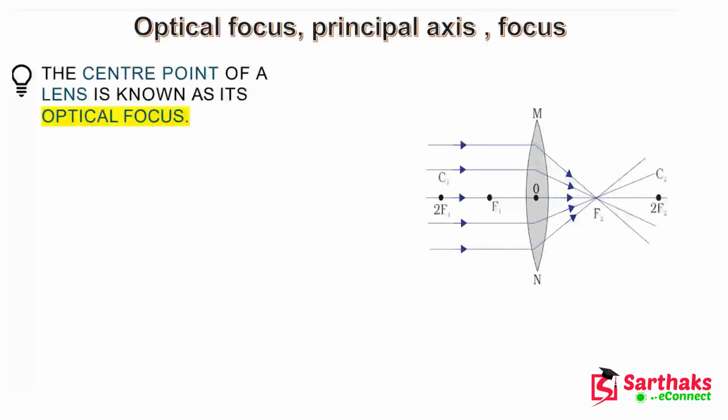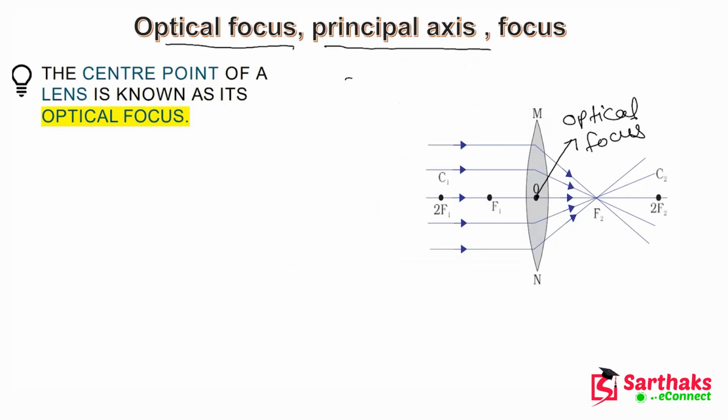Okay. So here we will study some terms related to these lenses. This is a convex lens. So this point, this center, is known as the optical center.